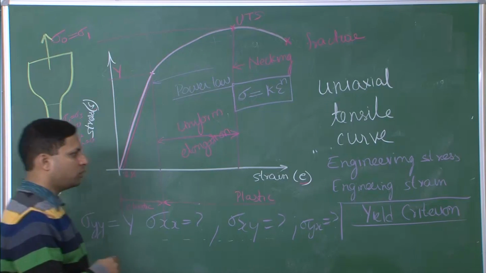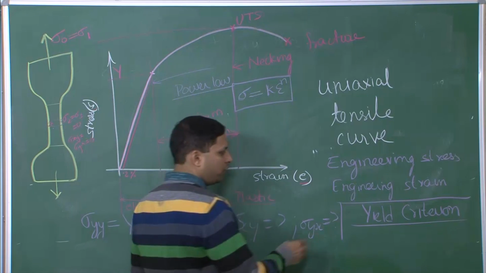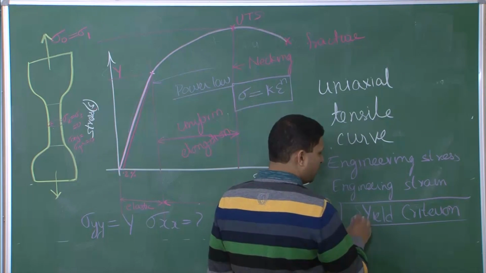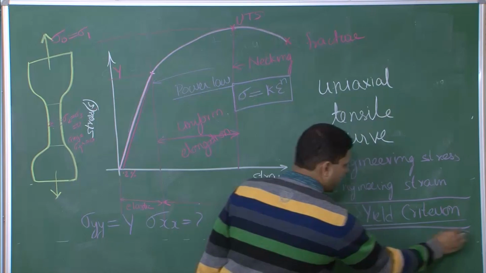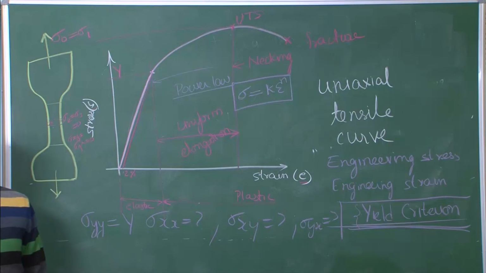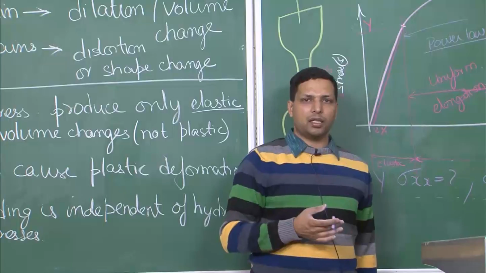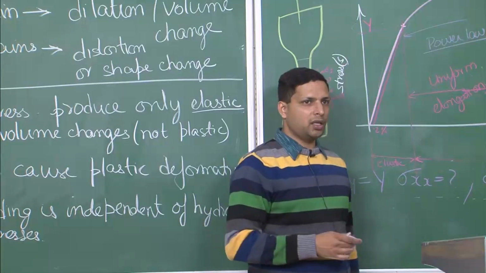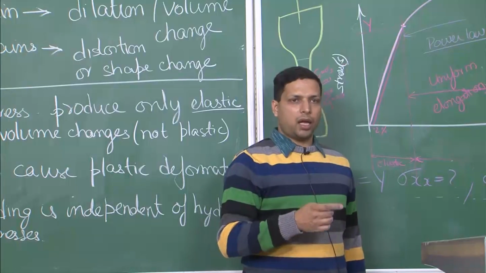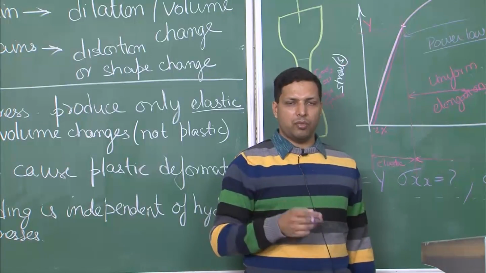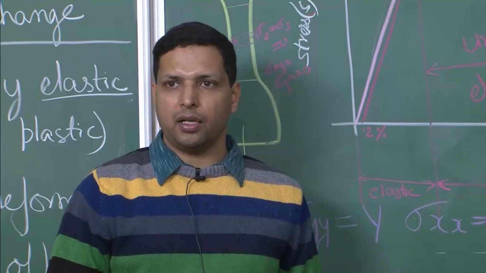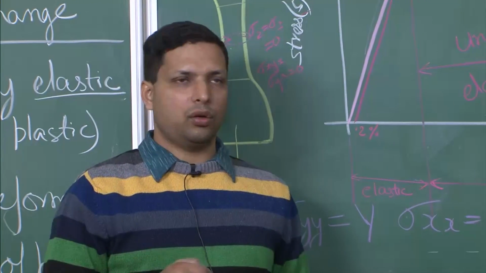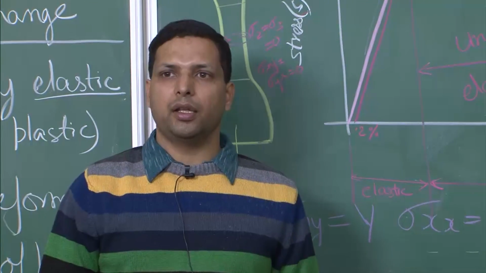So, we will come back to this in the next lecture, and we will start by discussing what is called the yield criterion. For a material which is subjected to multi-axial stress, how do we define at what particular condition it will start to deform? That is what is called the yield criterion. There are mainly two, the Tresca criterion and the von Mises criterion. We will look at these two in somewhat more detail in the next class.